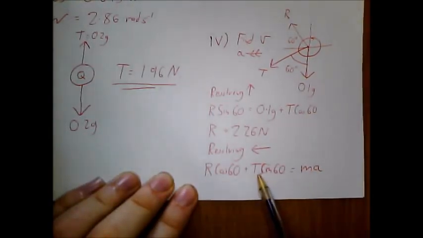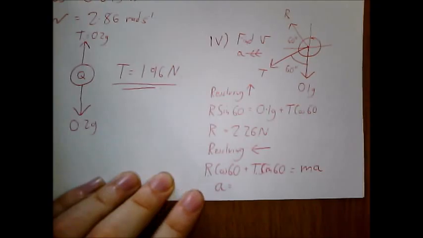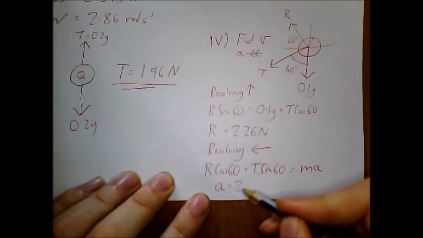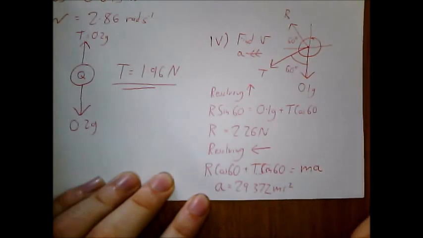We know R, we know T, and we know m. So after some calculations, you should find the acceleration to be 29.372 meters per second squared.